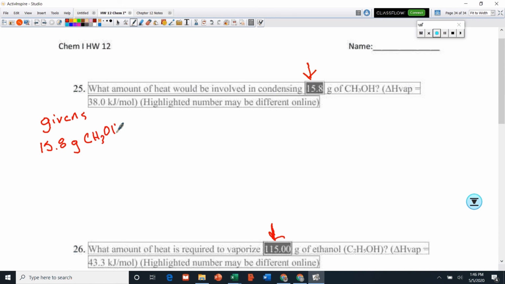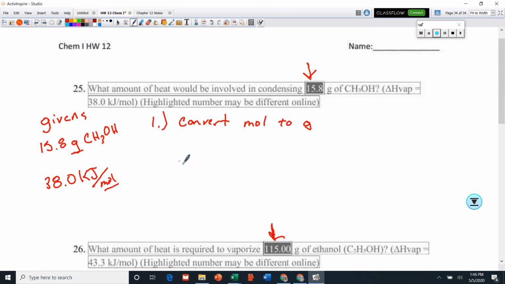And then we have a heat of vaporization that is 38.0 kilojoules per mole. One issue that I see right away is this is in moles, this is in grams. So step one, convert grams to moles.